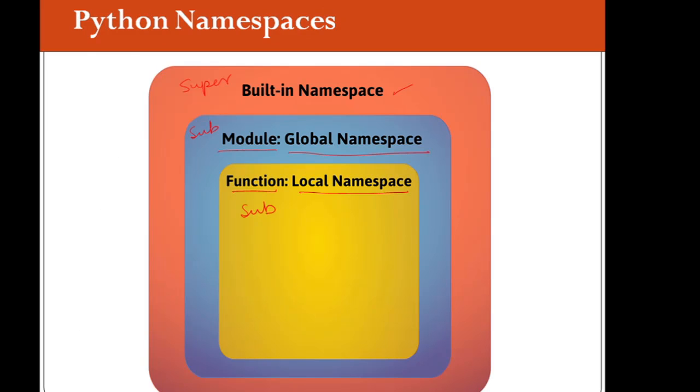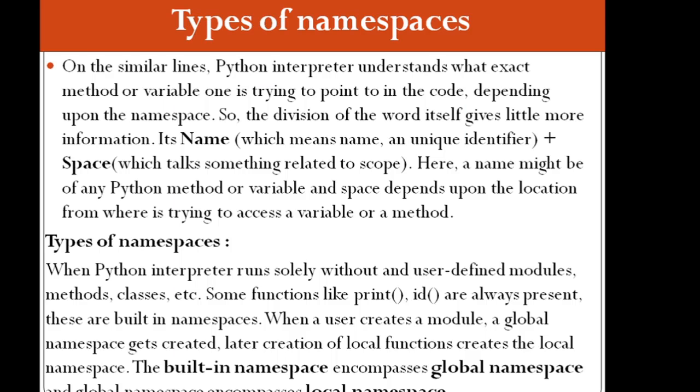So that we have already discussed. First we have the built-in spaces, then we have the enclosed modules, that is the global namespace, and then function, then we have the local namespaces. So how many types of namespaces are there? So types of namespaces.